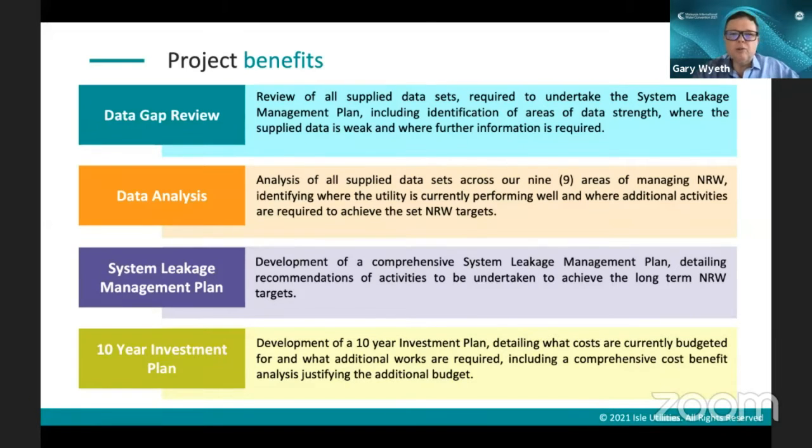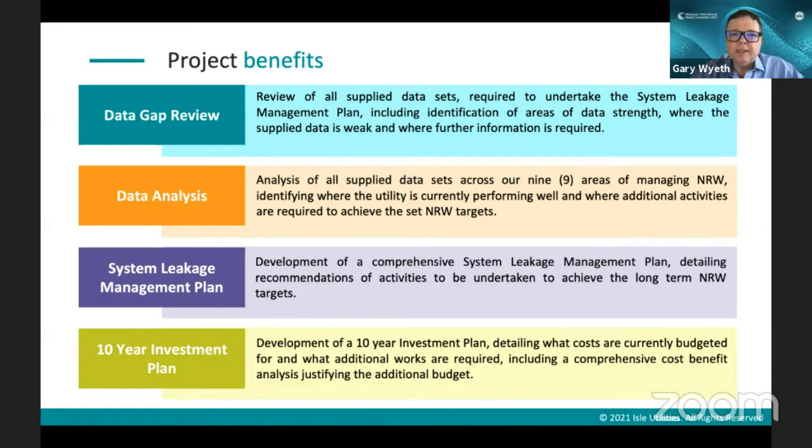For example, do they have very good GIS data systems? Do they have a lot of DMAs, and are they managing the data that's coming from the DMAs well? Do they have a good software program? I was talking to a utility this morning that had quite a few DMAs, but they didn't have any software to manage those DMAs at all.